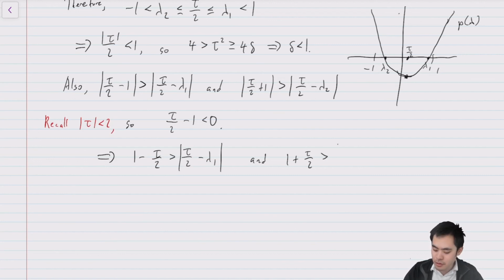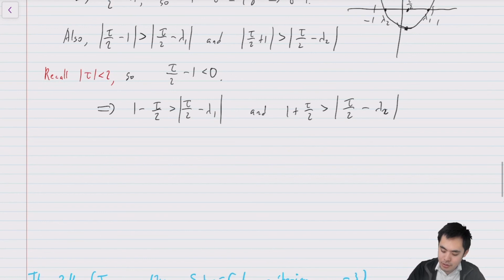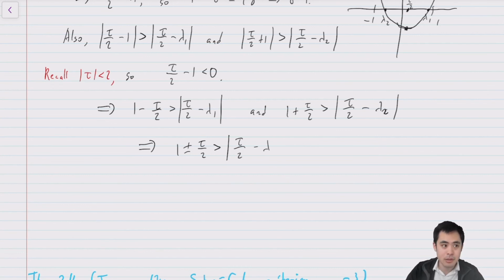But that's greater than tau over 2 minus lambda 2. Well, we can put that together into 1 plus or minus tau over 2 is greater than the absolute value of tau over 2 minus lambda i, for either of the lambda i's.